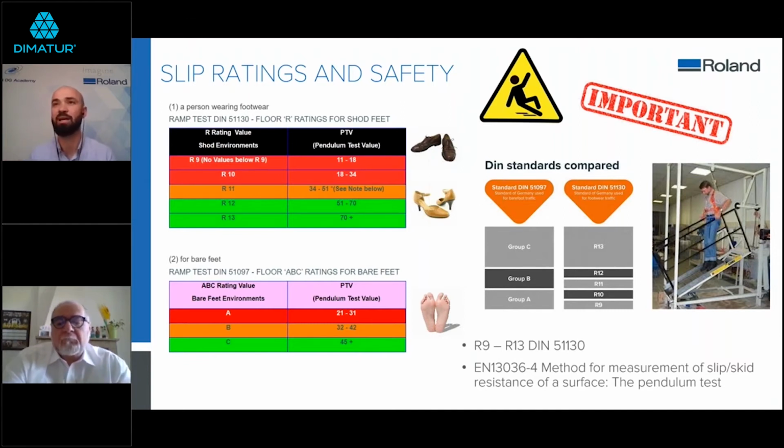So that graphic on the right hand side there of a gentleman on a ramp, that's how they do the testing. So somebody will walk onto this material at different increments of angles, and when they slip, that's the slip rating. So R9 is the lower rating and R13 is the highest rating that you can get. So again, look into these, because some of these are for with shoes or without shoes.